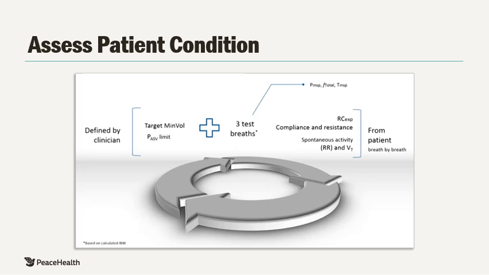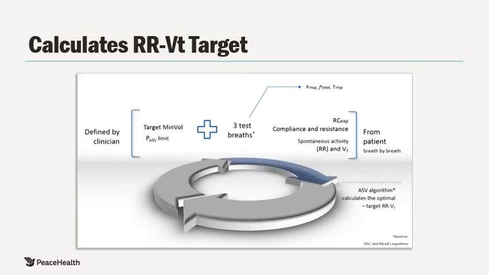ASV continually assesses the patient condition. Once the caregiver sets the target percent minute volume and PASV limit, ASV then delivers 3 test breaths while monitoring the lung mechanics and spontaneous effort. This then translates to the calculation we covered before, the Otis and Mead equation, which results in ASV defining tidal volume and respiratory rate targets individualized to the patient's lung mechanics.